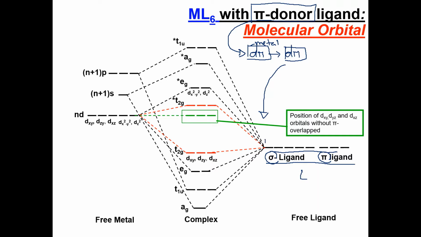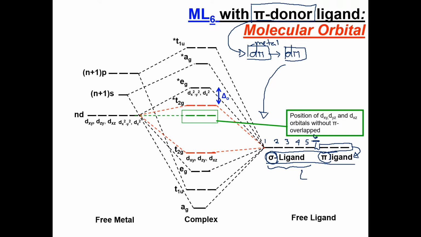So look here. You will have 1, 2, 3, 4, 5, and then you have another missing orbital, so take notes, you have another one, which is 6. So these 6 orbitals correspond to the sigma ligand, and then you have another 3 corresponding to the pi ligands.